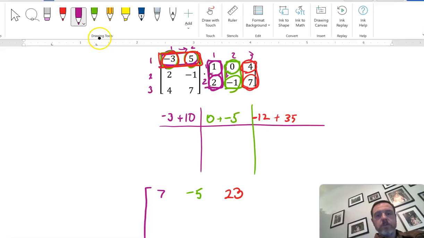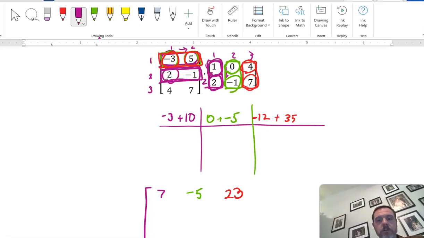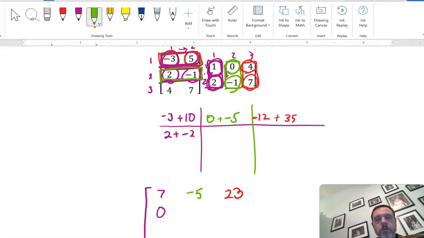Row 2. Go back to column 1. 2 times 1 is 2. -1 times 2 is -2. 2 plus -2 is 0. Let's stay with the middle row and middle column. 2 times 0 is 0. -1 times -1 is +1. 0 plus 1 is 1.